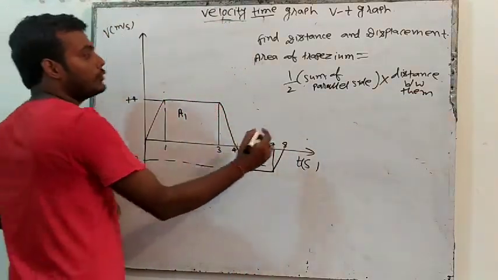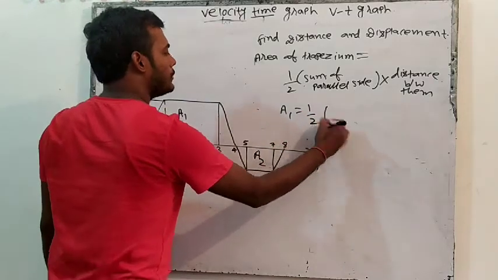This is a trapezium now. So how will we calculate A1? A1 is equal to half into sum of parallel sides.